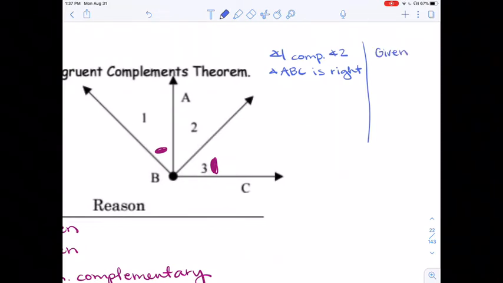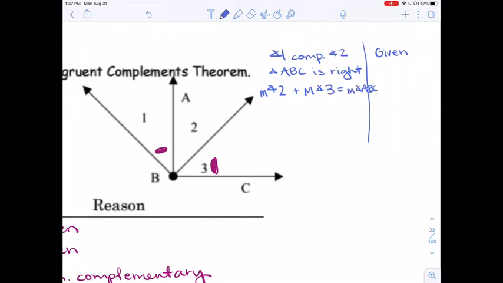Now, instead of changing our things to math them out, let's work on this a little bit. So we can go from here and say that the measure of angle 2 plus the measure of angle 3 is equal to the measure of angle ABC.